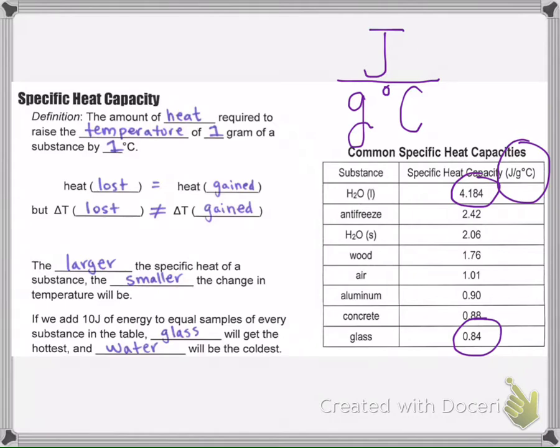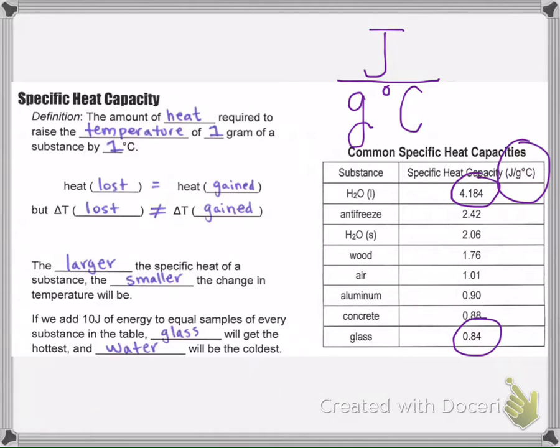With water, you need to put in a lot of energy to heat it up. If you put a pan of water on the stove, you'll notice it does take a while for it to heat up and start boiling. Remember, like we talked about with our heating curve video, it has to overcome kinetic energy and potential energy to not only get those molecules moving, but to get them to separate from each other.